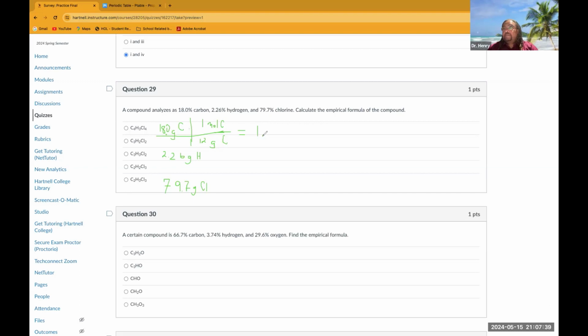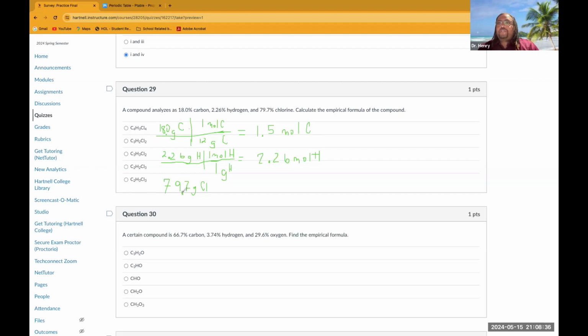Okay. The molar mass of hydrogen, guess we can put 1. Okay. 1 gram. Okay.